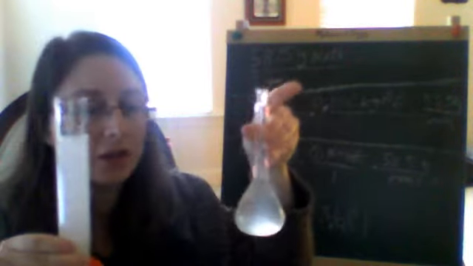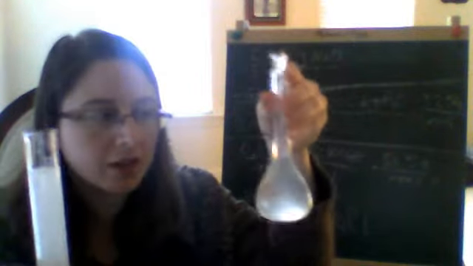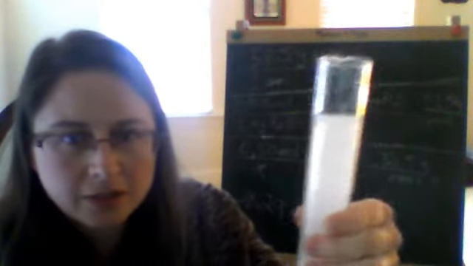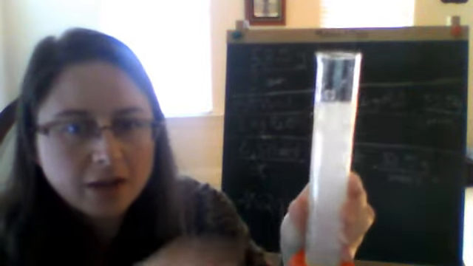Okay, so what do we see as the difference? How can we tell which solution is more concentrated, the 0.5 molar or the 0.5 molal? Well, in the 0.5 molar solution, I have 100 milliliters of total solution, and I put 29.3 grams of salt in. With this, you can see when I added the salt, right here is the 100 milliliter line.